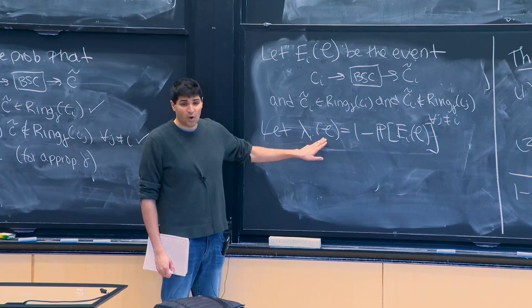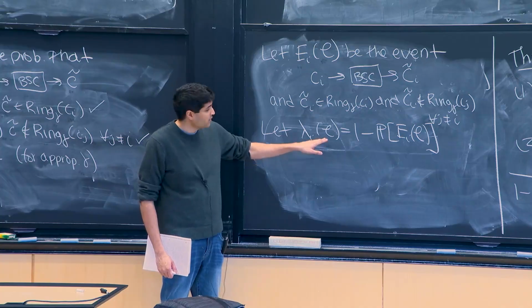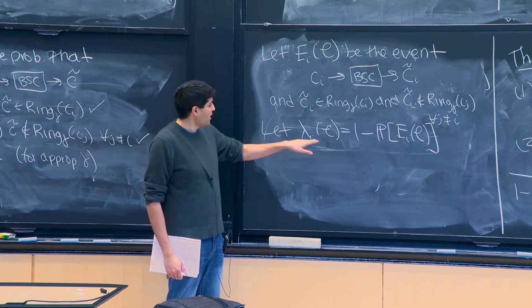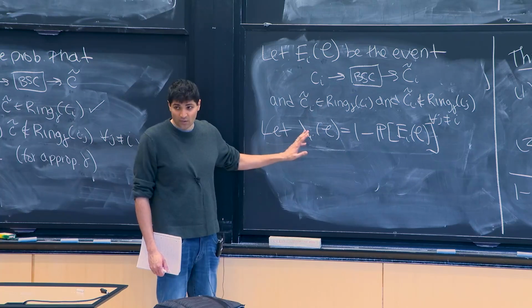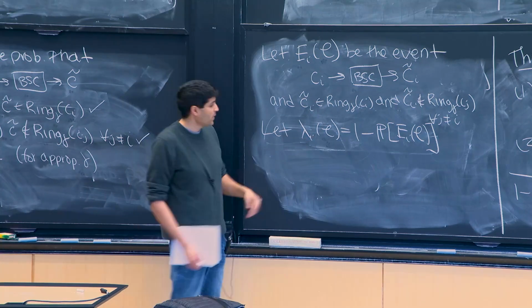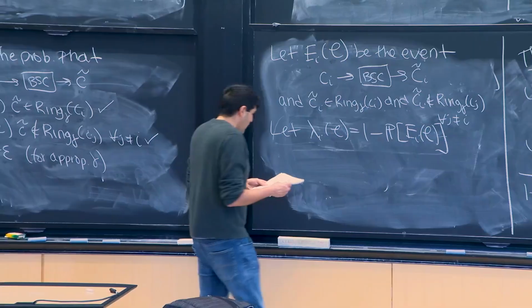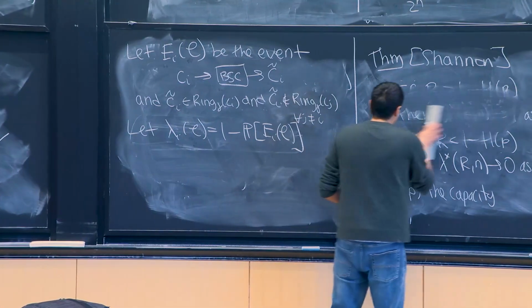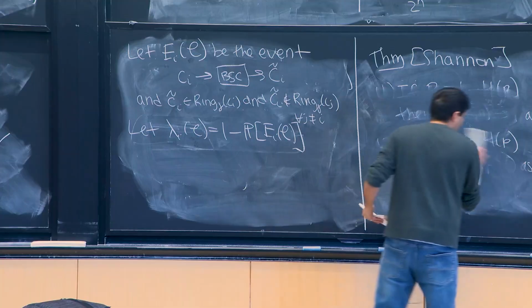But notice that the decoding failure probability depends on the choice of the codebook, and it depends on which message we're sending. All right? And so what I claim we just proved through lemma 1 is the following statement.